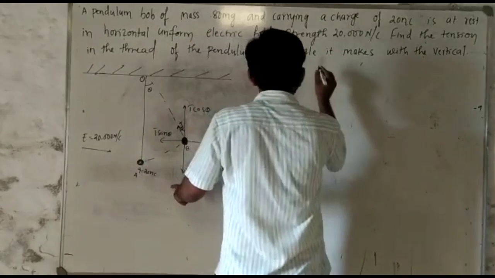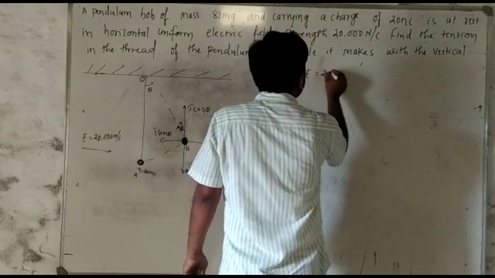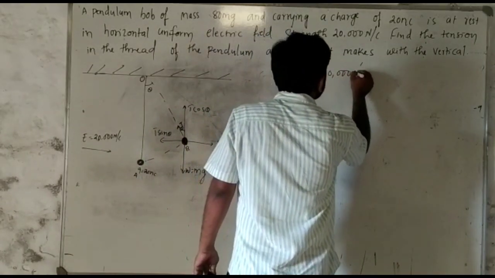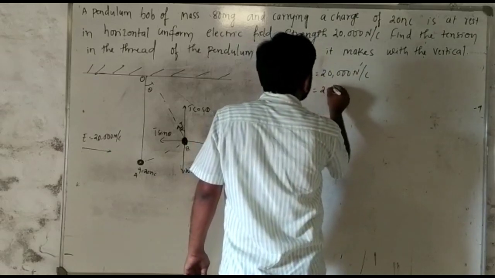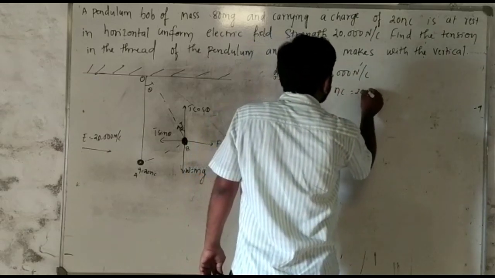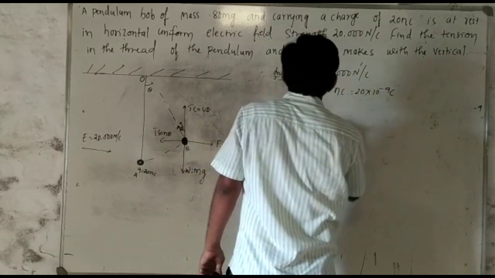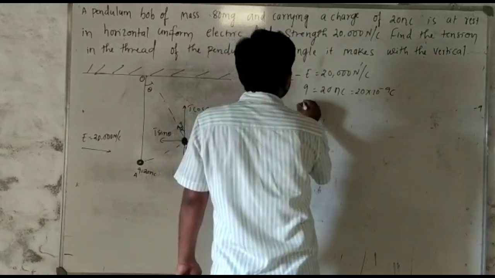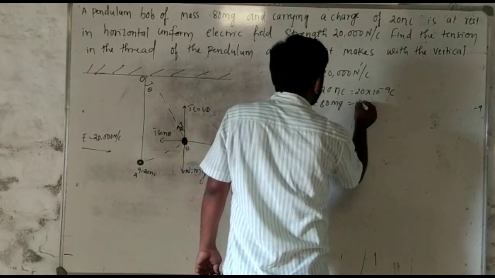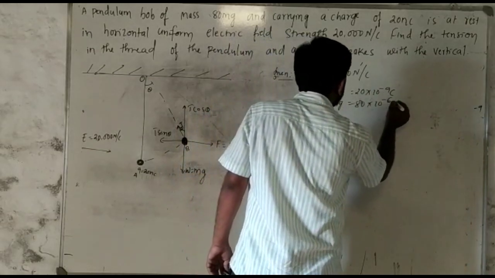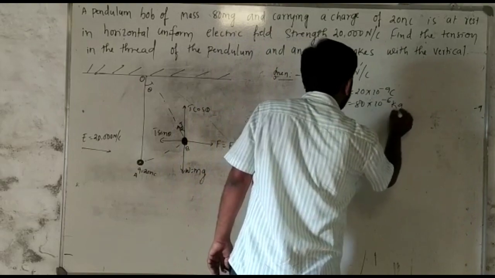First write down the given values. Here E is equal to 20,000 Newton per coulomb, the charge on the bob is 20 nanocoulomb or 20 into 10 raised to minus 9 coulomb, and the mass of the bob is 80 milligram, or 80 into 10 raised to minus 6 kg.